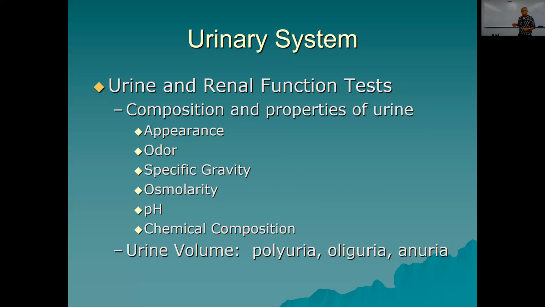Then there's oliguria, which is a smaller amount, like down to 0.5 liter. Anuria is making no urine, and that is really bad, and it can be lethal if it's not taken care of. Because urea at really high concentrations becomes toxic, and also all of the things that are regulated in your blood will go out of whack if your kidneys don't function.